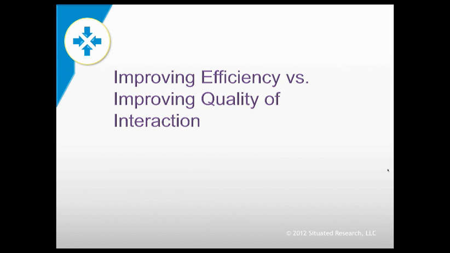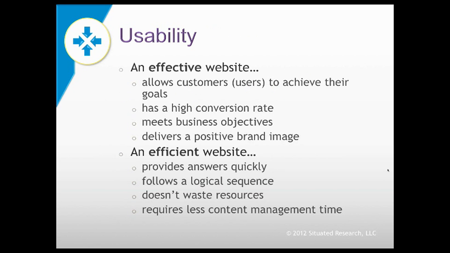So now let's talk about improving efficiency versus improving quality of interaction. So this whole webinar, we've been talking about usability. At the beginning, we spoke about what usability was. However, here at Situated Research, we believe that usability encompasses three different things. The first is an effective website or an effective product.